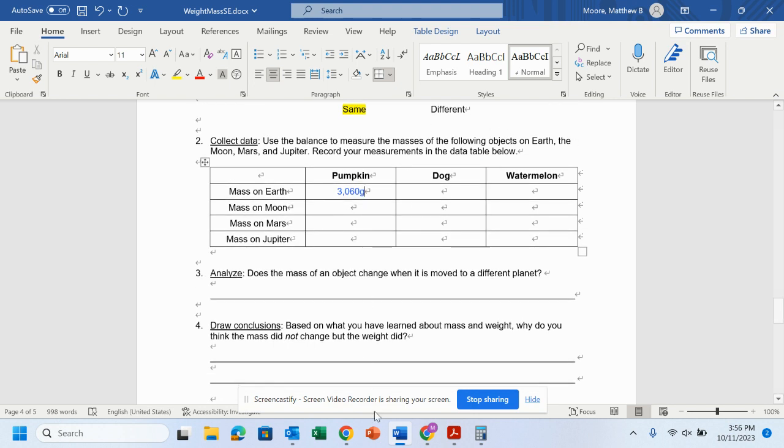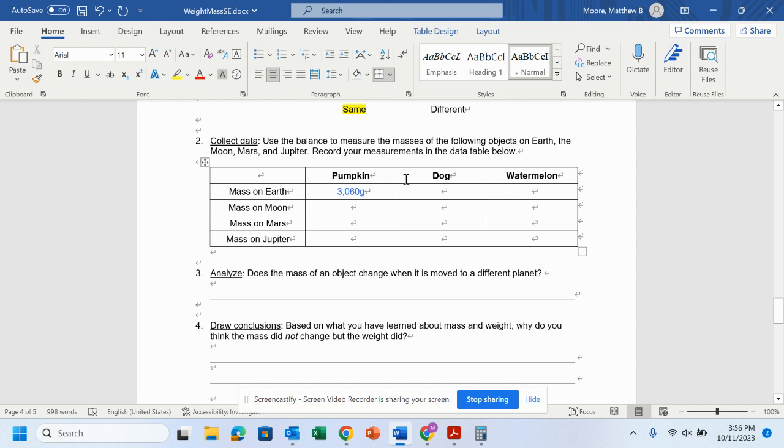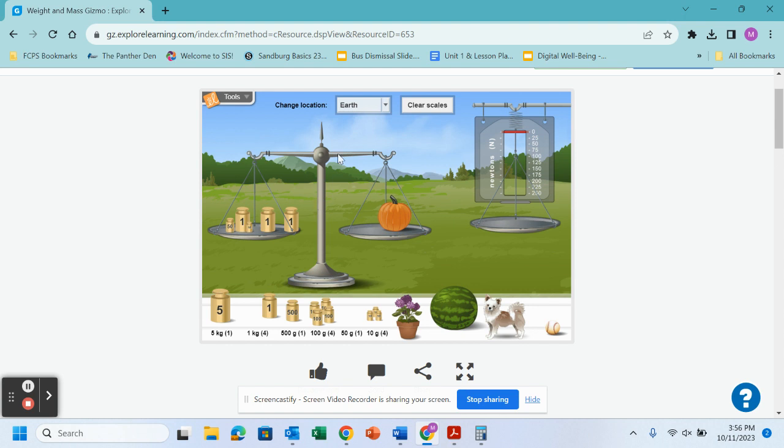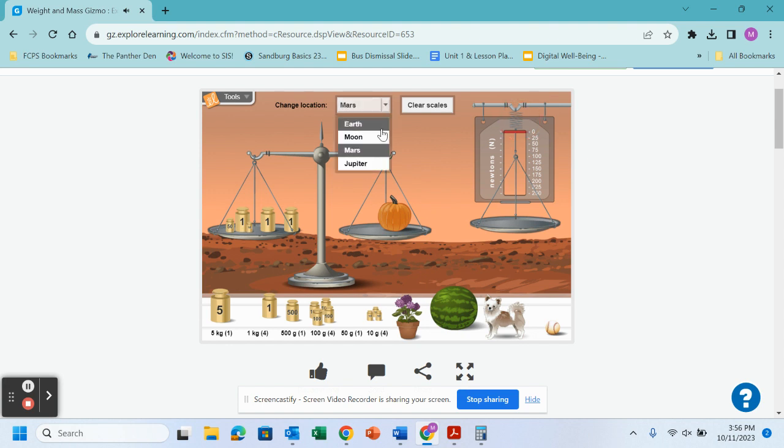So you're going to do that for each of these objects. You're going to do it for the pumpkin, for the dog, for the watermelon. And you're going to add up each of the weights to see what the mass of the object is. But we're going to move on for now. So does the mass of an object change when it is moved to a different planet? Oh, actually. So here, the moon, Mars, Jupiter.